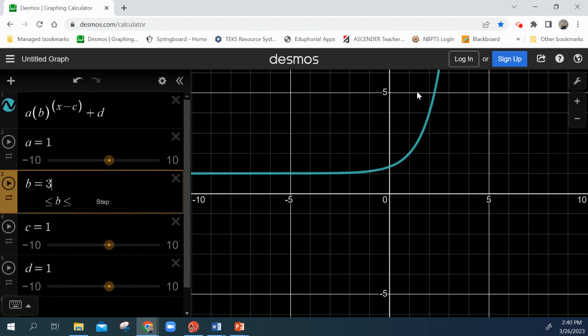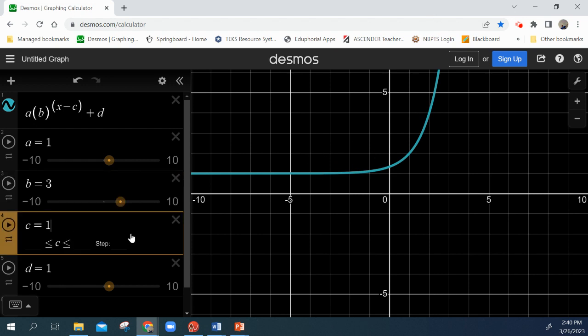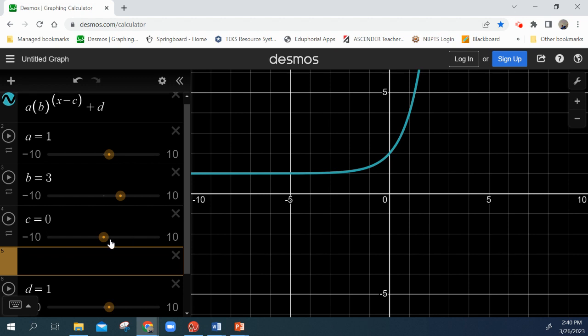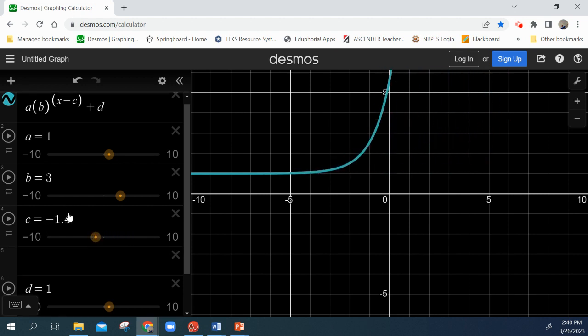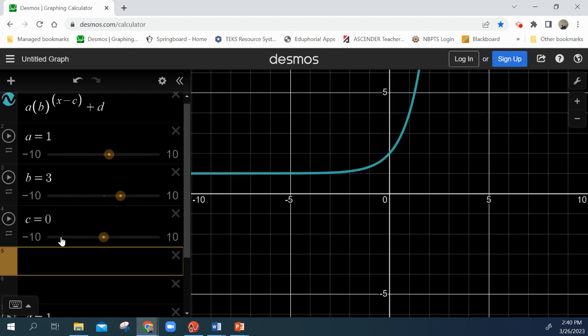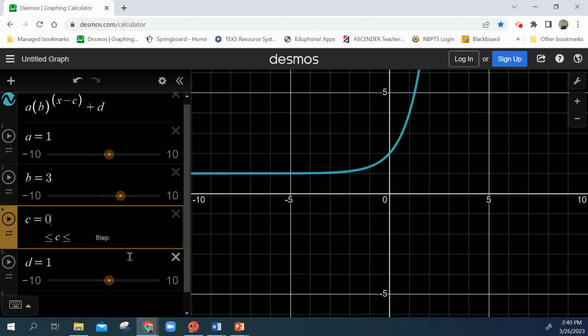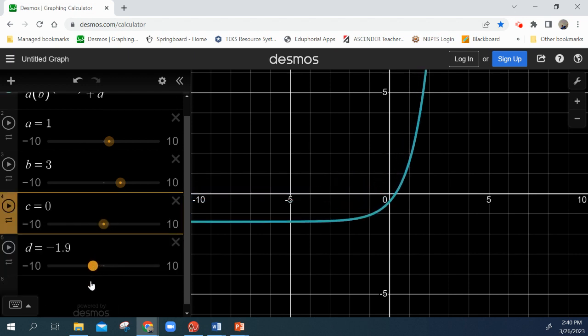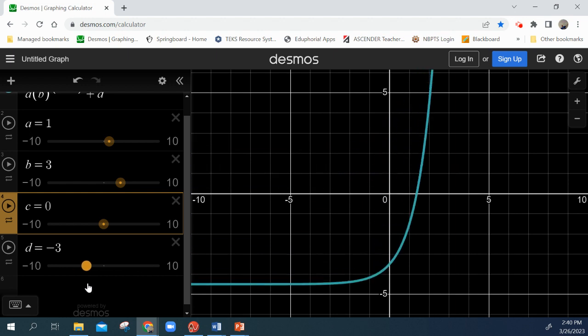Well, we see exponential growth, plain as day. When C is 0, no big deal. But when C is moved around, we see that we're shifting right or left. And what about D? Well, we know D is going to make us go up or down.